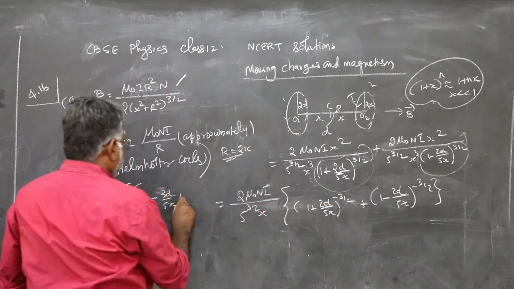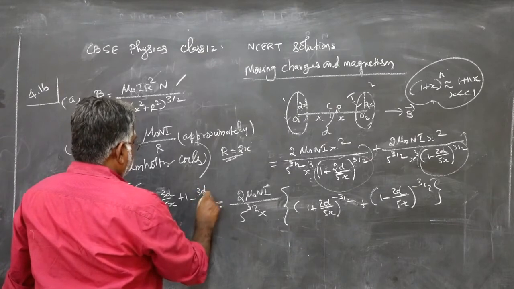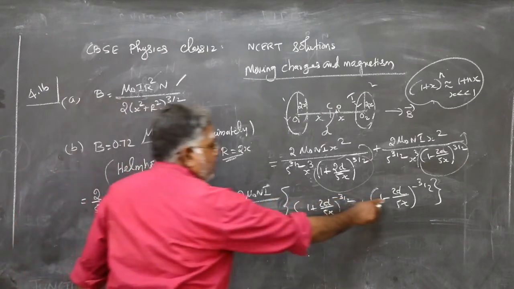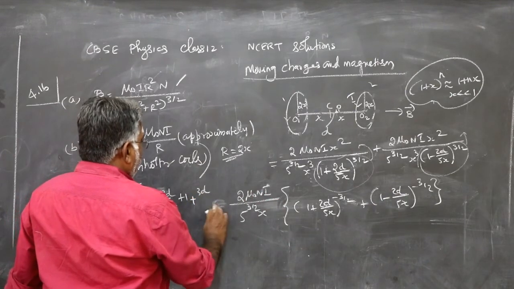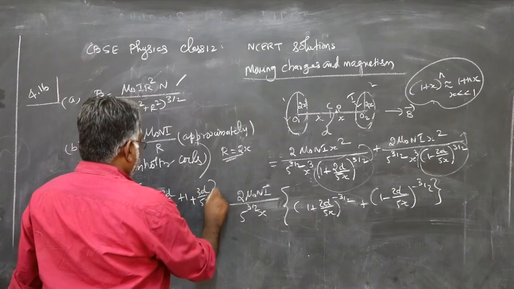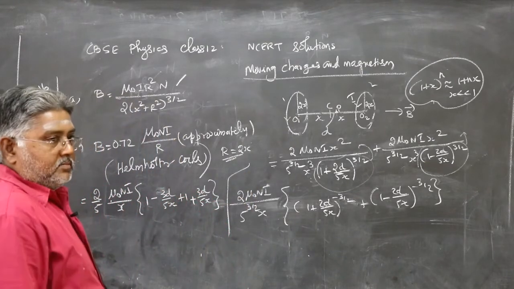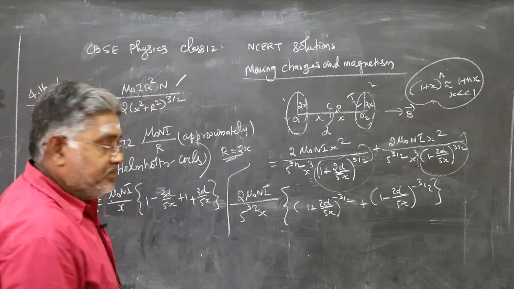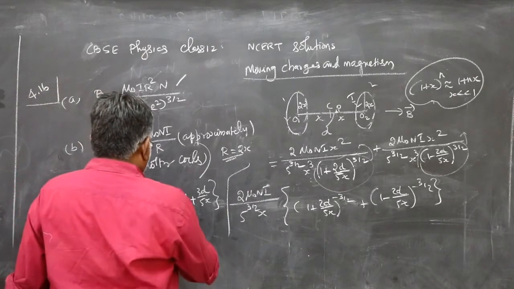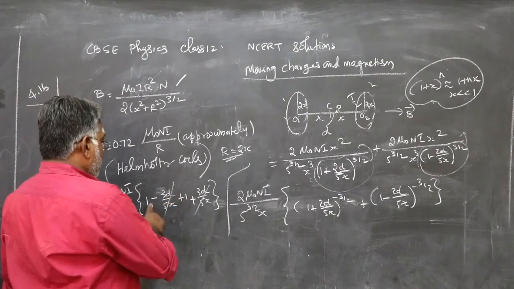Plus 1 minus 3d by 5x, but there is minus, so it will become plus 3d by 5x. Minus 3d by 5x plus 3d by 5x. 1 plus 1 is 2.